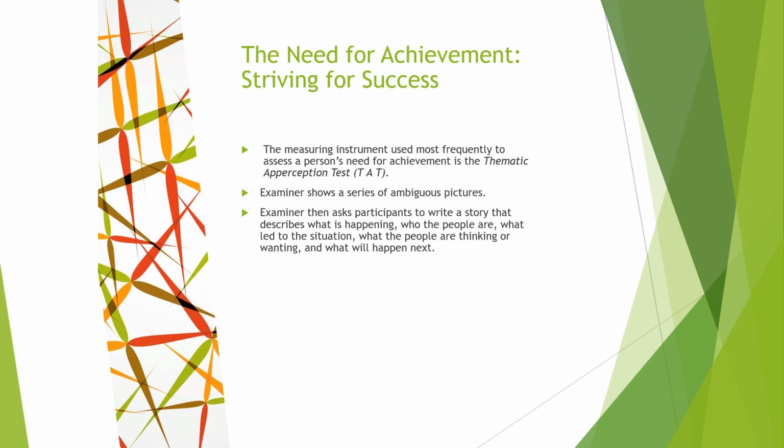So they see this ambiguous picture and they're told to write a story about it, involving all aspects of the picture. And then the researcher is going to use a standard scoring system to determine how much need for achievement this individual has according to the story that they wrote.